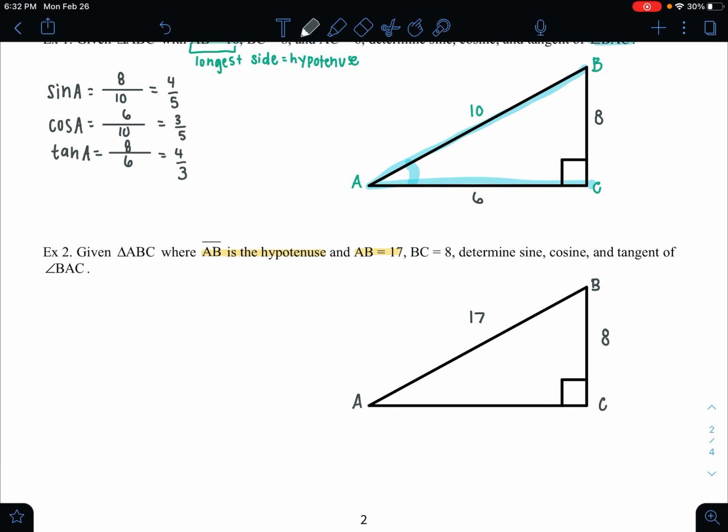So remember, hypotenuse is equal to side squared plus side squared.